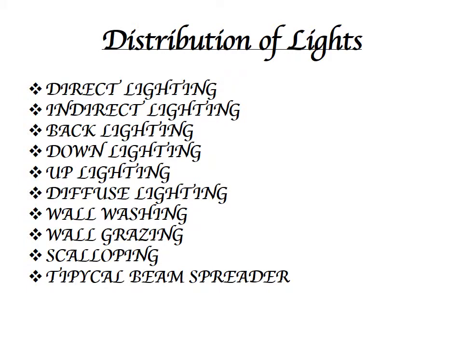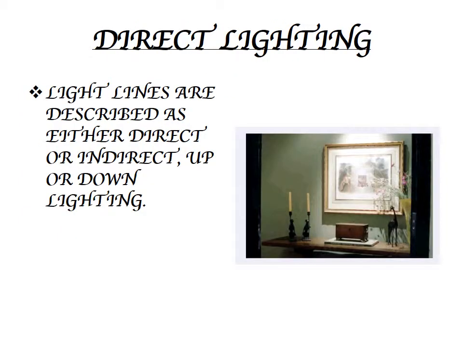There are several kinds of distribution of lights: direct lighting, indirect lighting, backlighting, downlighting, uplighting, diffuse lighting, wall washing, wall grazing, scalloping, typical beam spread. This picture is an example of direct lighting.